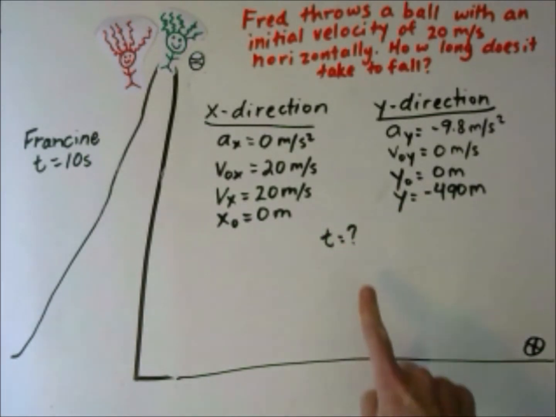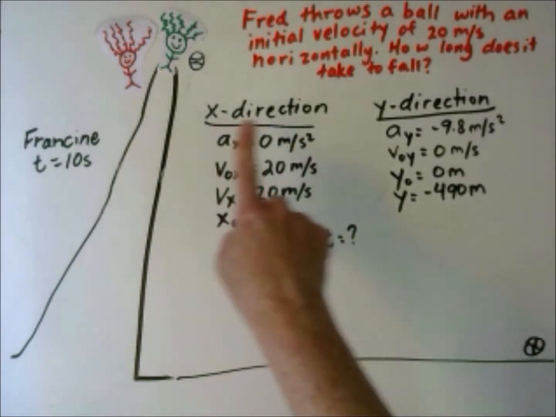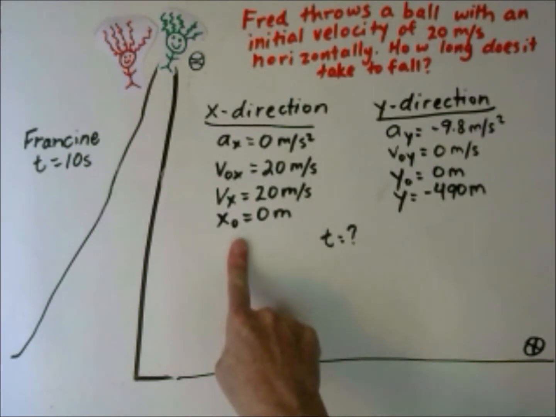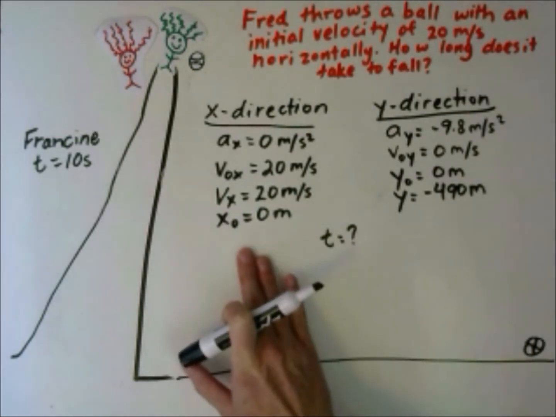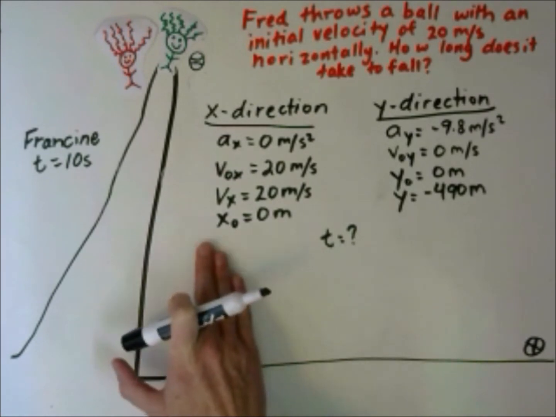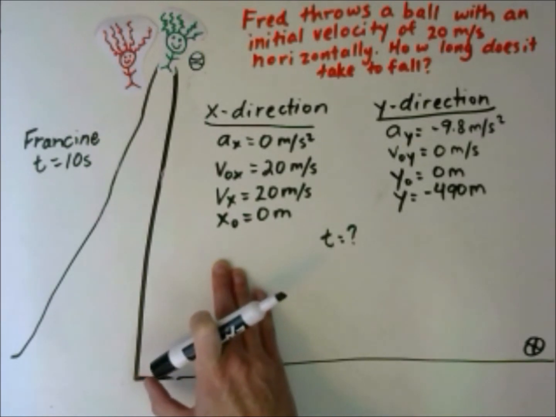Now you'll notice I put time between x and y. The time to get to the bottom is going to be the same for both of them. So the t in the x direction equals the t in the y direction. So if we look at the x direction, we want to find time. With the variables we have, we're going to have a hard time using an equation to find time.